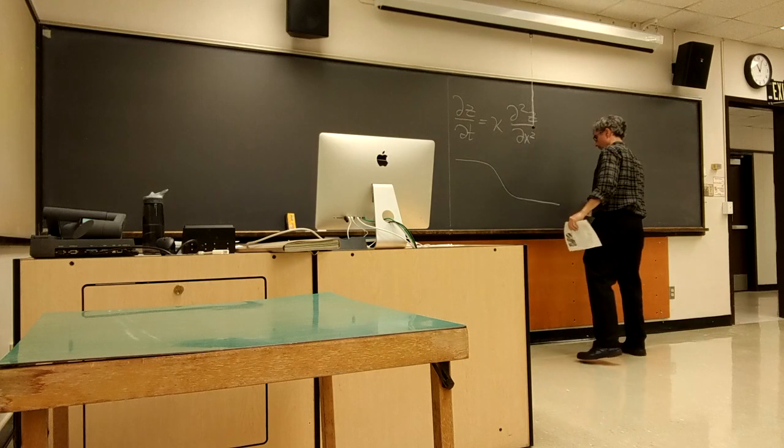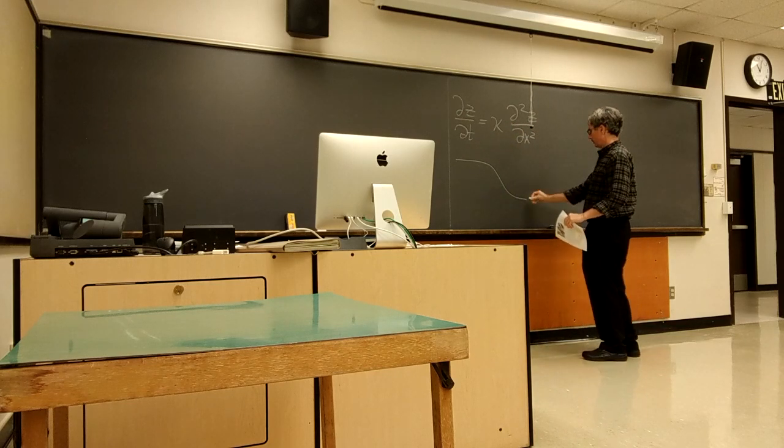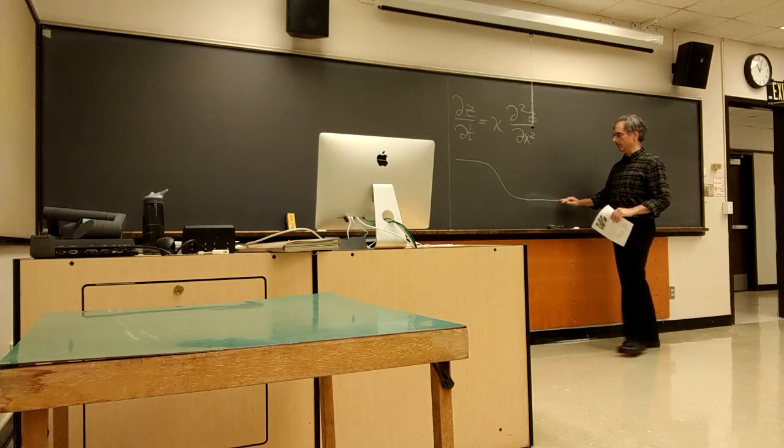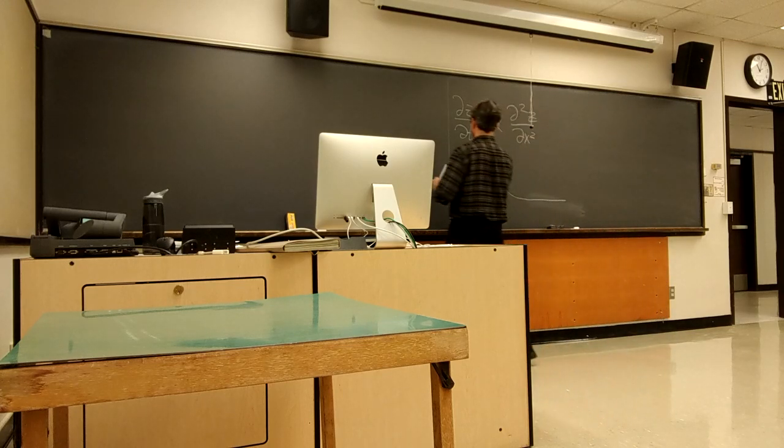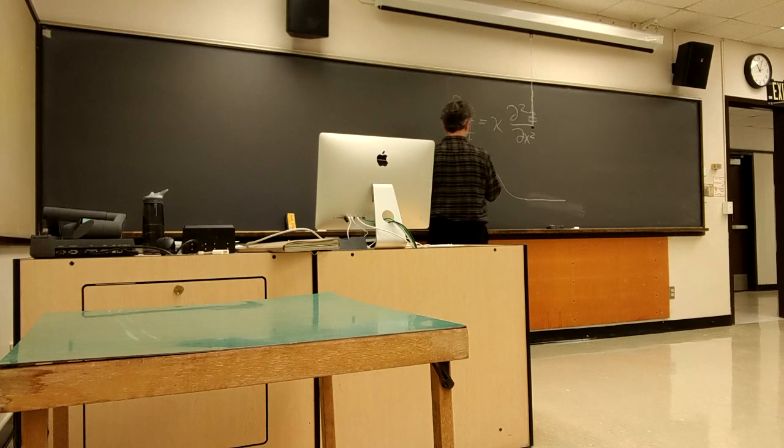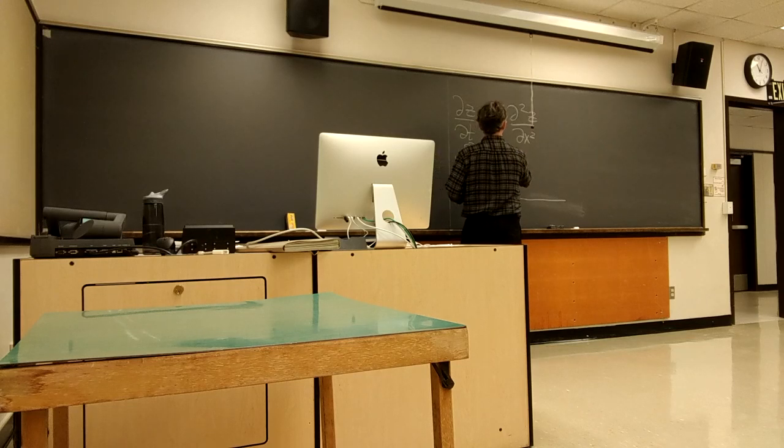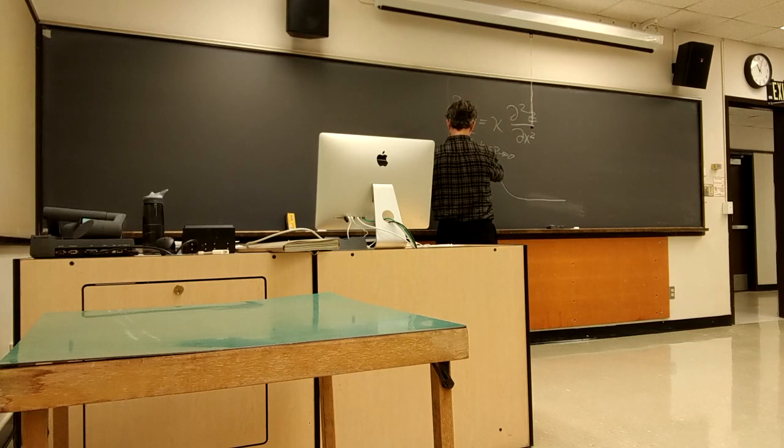Let me draw this more accurately like it was, because this tapers off to a flat slope here and a flat slope here. That means that at both of these places, erosion deposition goes to 0, and the flux goes to 0.